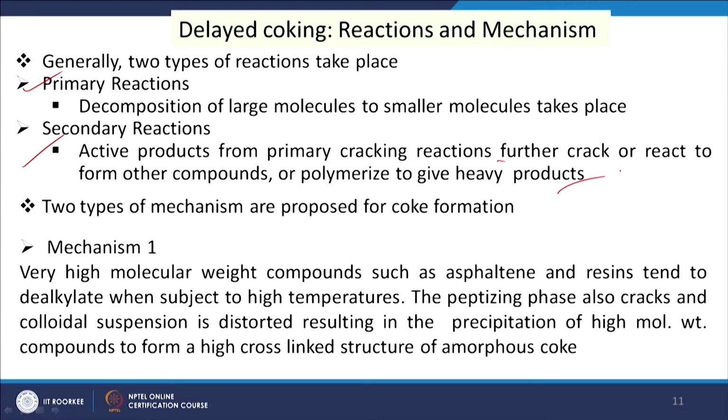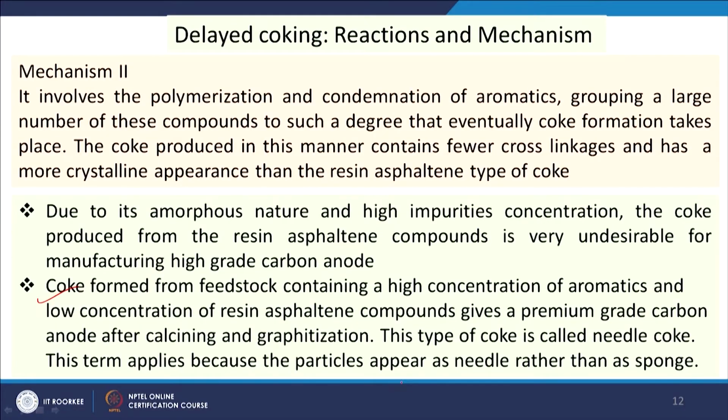Already we have discussed two types of mechanism: one was asphaltene precipitation and another was polymerization and condensation of aromatic compounds. So, it is very clear to us that if our feedstock has more aromatics, then it will give better quality coke, and this type of coke is called needle coke.